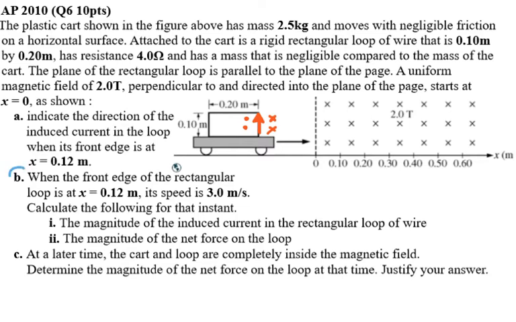So for B, to calculate the current, I need to know the EMF. The current is going to be equal to the EMF divided by the resistance, where EMF is equal to negative N, the number of loops, and there's only one.